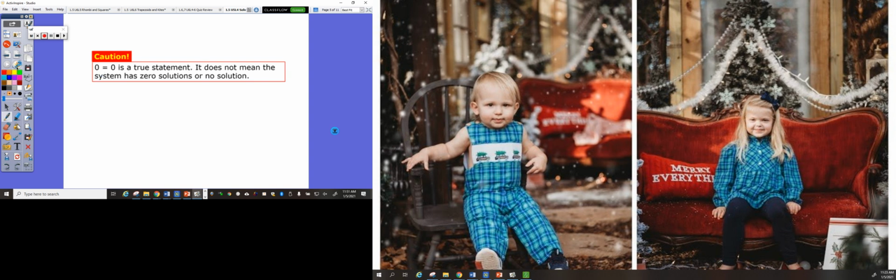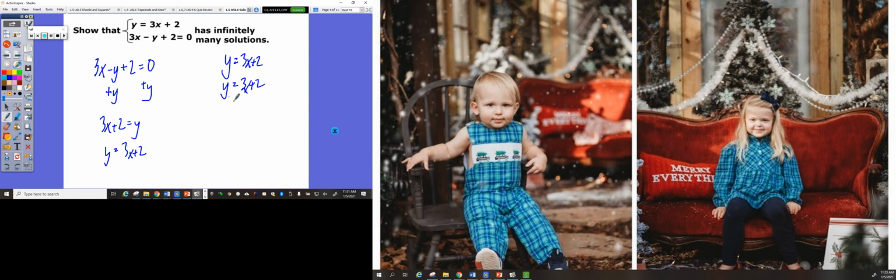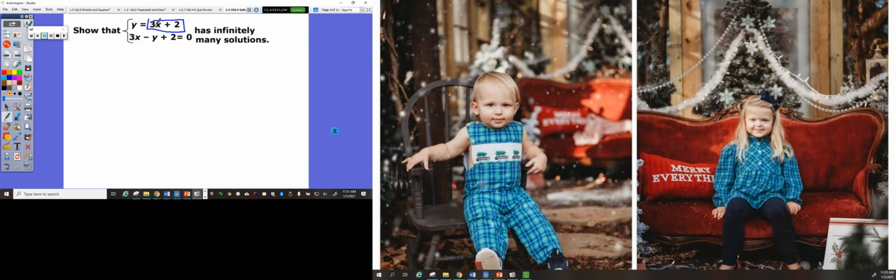Now, the other thing I wanted to show you is that this is one way to show this. The other way would have been to solve it algebraically, just like we did over there on the board, by substitution. If I put this in over here, then we have 3x minus what y is equal to, which is 3x plus 2, equals 0.